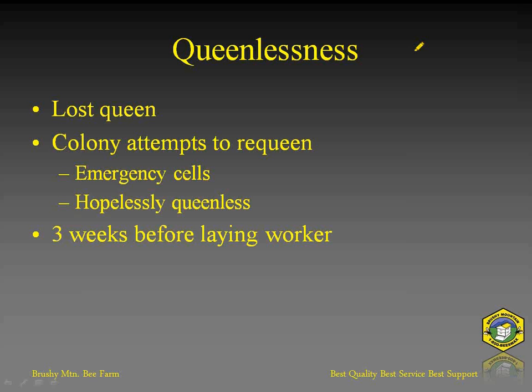So this is why, earlier, when I said the timing or the age of the larva is important for queen quality, now we understand why. A younger larva will produce a better quality queen. Well, let's think about this situation for a minute. A colony's lost its queen unexpectedly. They're in a panic.